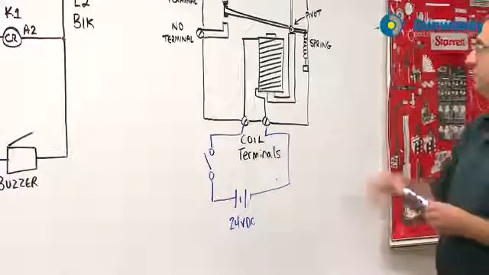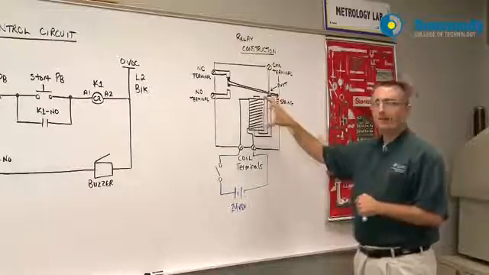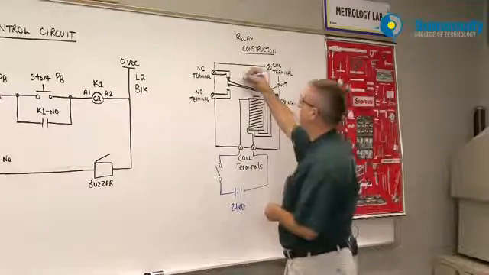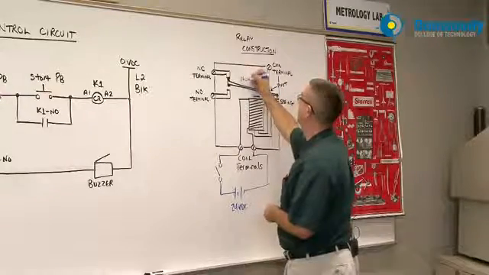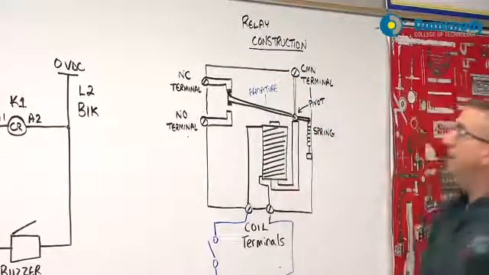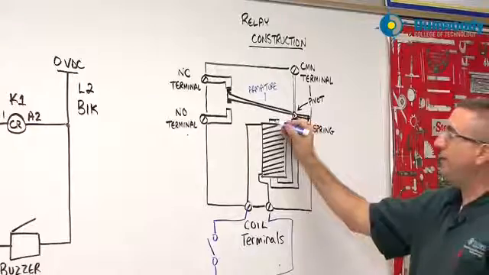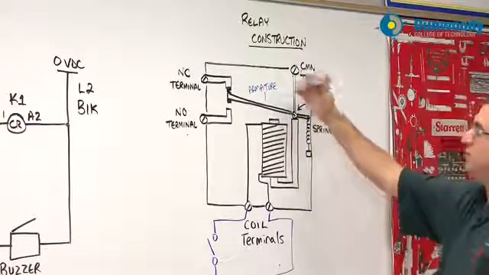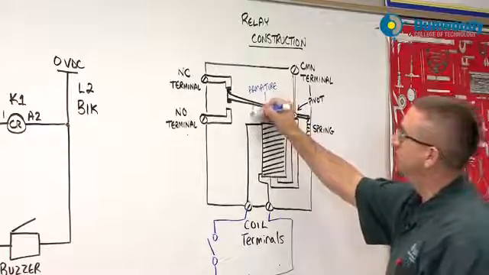Now all the coil does is, the coil is a big electromagnet, and its sole purpose in life is to move this armature up here. This is an armature here. The idea is that this would be a magnet, an electromagnet that would energize, and it would pull this armature down.